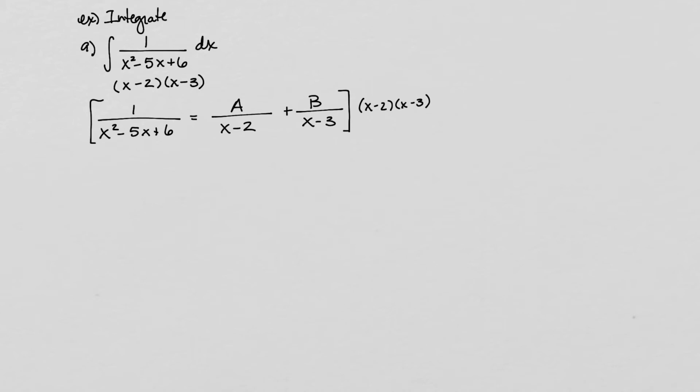So that means that this first fraction just ends up being a 1. And in the A over x minus 2, the x minus 2's would cancel, so I would have A times x minus 3. And in the B over x minus 3, the x minus 3's would cancel, and I'd have B times x minus 2. So questions about how I got that?